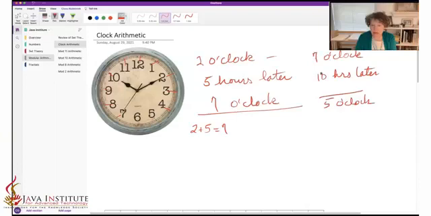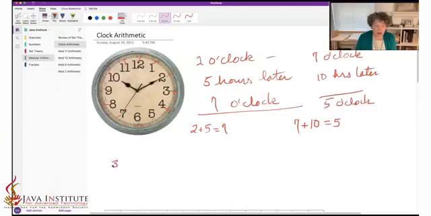In clock arithmetic, something else happens. 7 plus 10 is 5. So we're kind of amazed by this. But if we think of a clock, no problem. 7 plus 10 is 5.